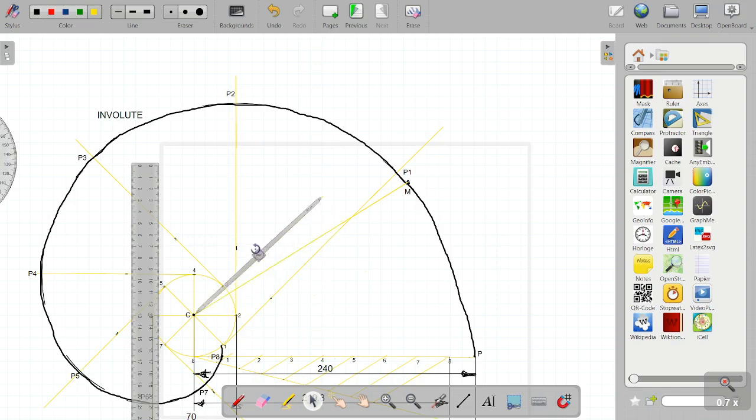And then I will make an arc this side as well as this side. Similarly, with the same radius, we'll now keep it on point M and make an arc.